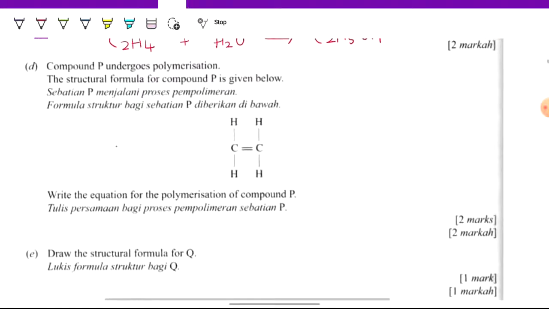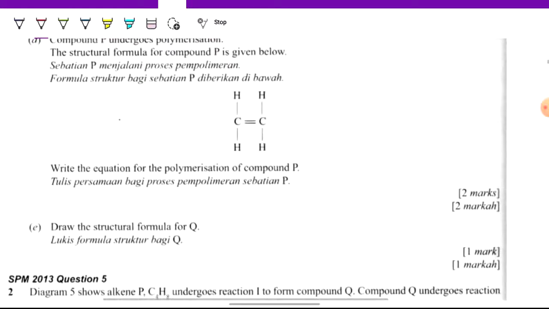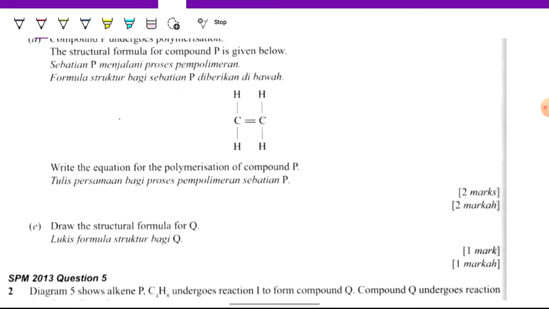Then compound P undergoes polymerization. The structure of the compound P is given as below. Okay, so this is ethene. So write the chemical equation for the polymerization of compound P. Okay, so meaning that here under polymerization, I will use the space given here. So this is the ethene, so ethene times n.